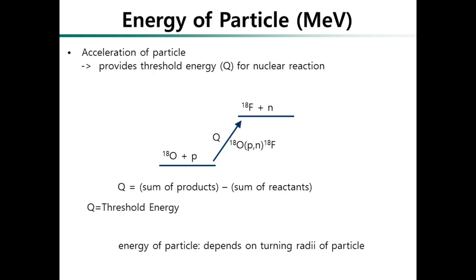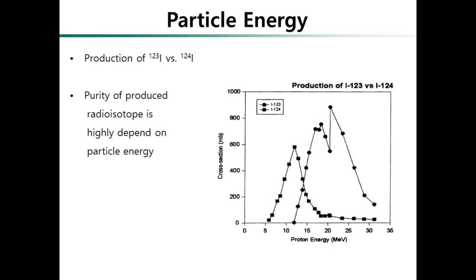As I mentioned, we have to consider the threshold energy for production of the radionuclide. But sometimes we should consider the higher proton kinetic energy. Sometimes we could make iodine-123, and with a lower one we could make iodine-124.